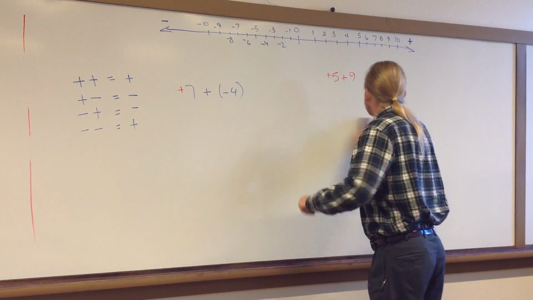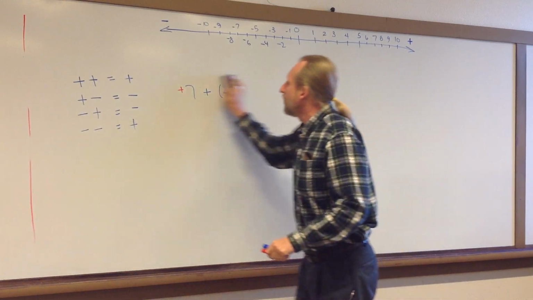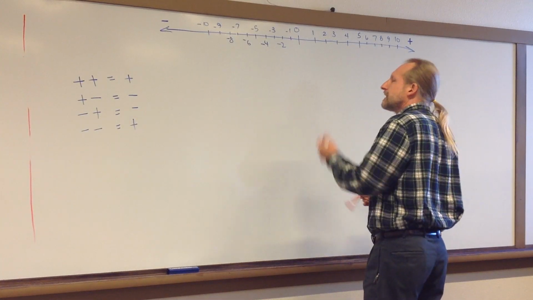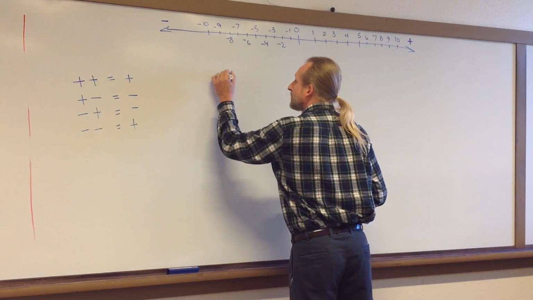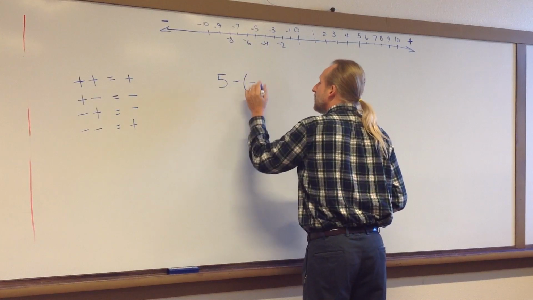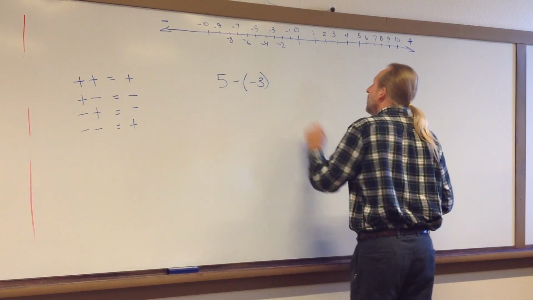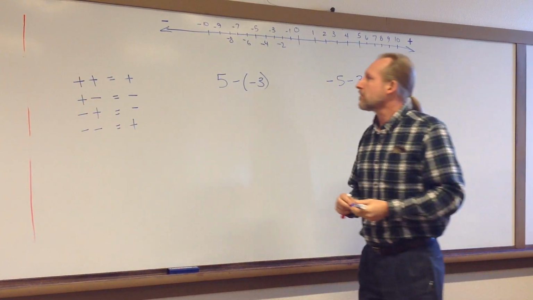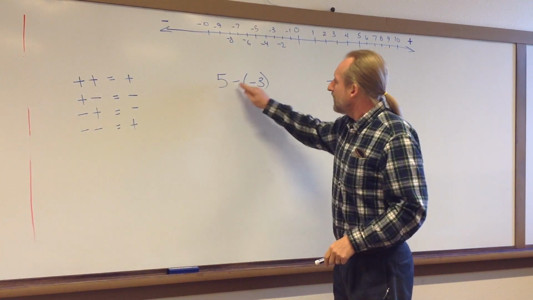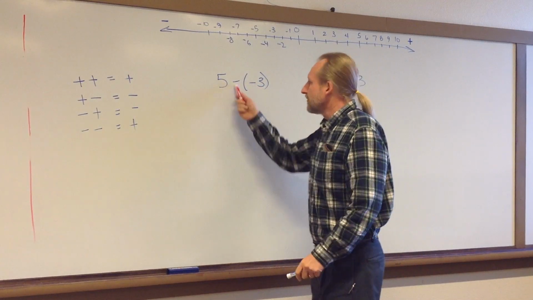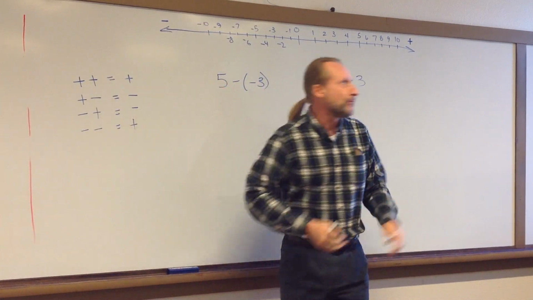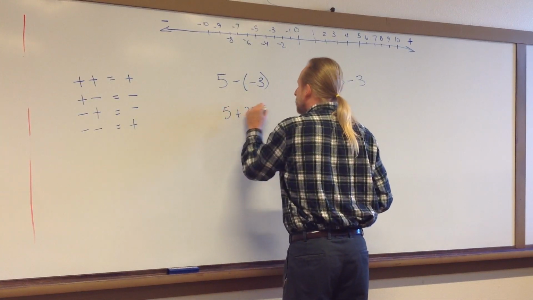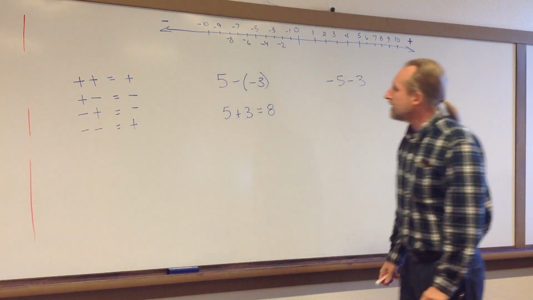Now, before we start doing problems here, I want to point out a big difference between, let's say, 5 minus negative 3 and negative 5 minus negative 3. So, this one, you've got these two negatives. Again, the first one says face this way. The second one says turn yourself around and go the other way. This turns into 5 plus 3, which will give you 8.